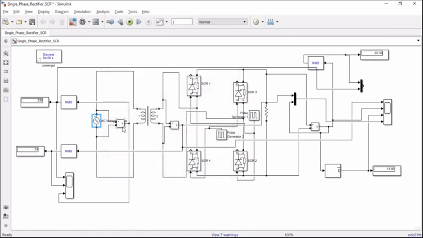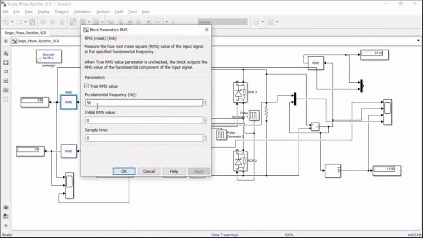So if you need to measure the 230 volts input, and if you want to see it, we can give the voltage measurement block here. So this can be measured using the voltage measurement block. The output of the voltage measurement block can be given to the RMS block. So the RMS block parameters are for the fundamental frequency.